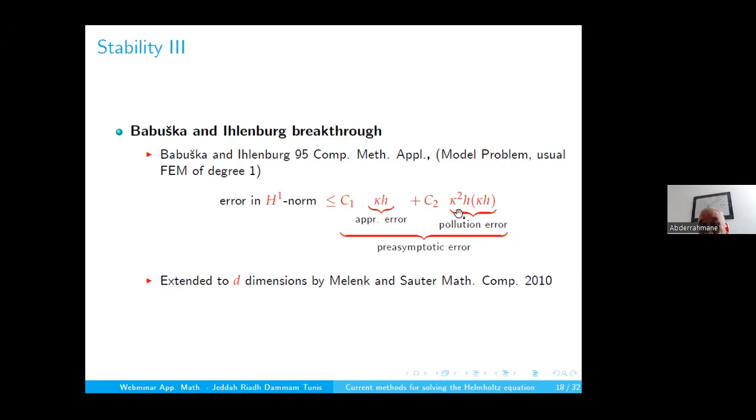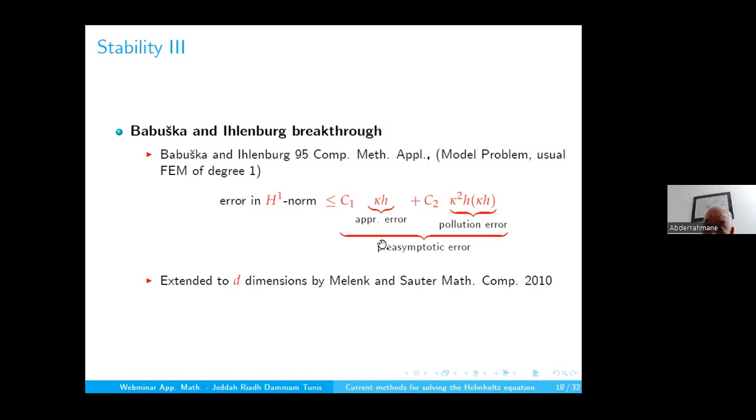In fact, it is kappa squared h, kappa cubed h squared. And you see that this explains the previous result. If kappa is not too large, it is the approximation error which is preponderant, which is dominant in the error.